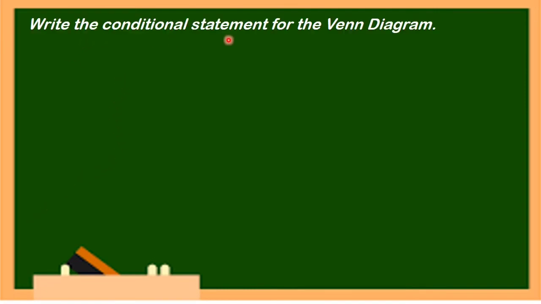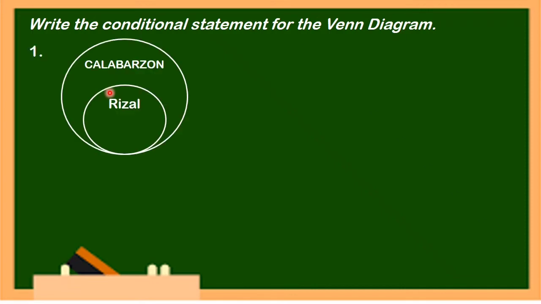You can write the conditional statement for the Venn diagram. So, showing you a Venn diagram, and then you're going to create from it a conditional statement. So, let's say, for example, we have here a diagram that shows Rizal as the hypothesis which is inside the conclusion, which is Calabarzon.